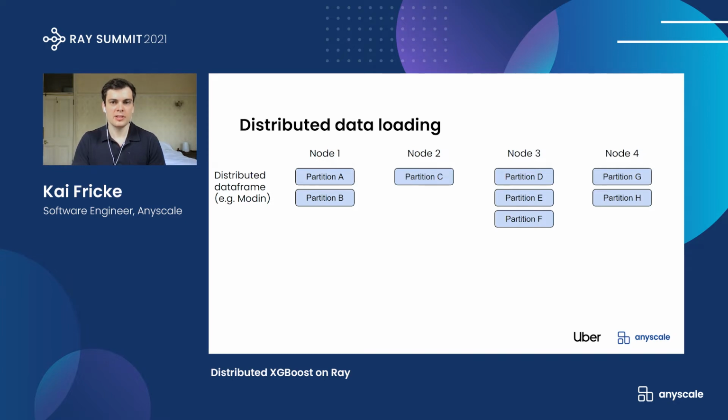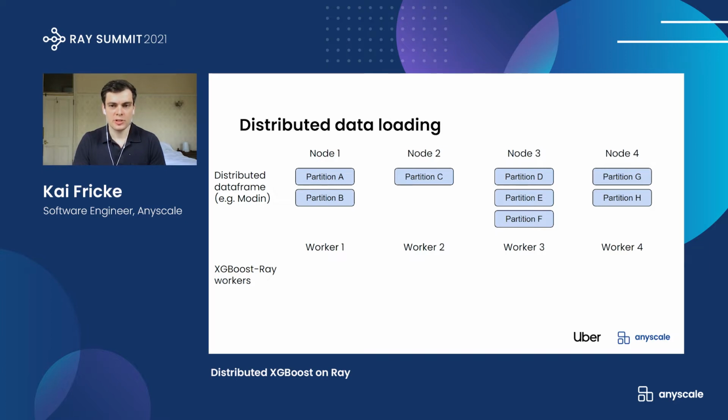For distributed data loading, we can load from various sources, such as HDFS or cloud storage like S3 or Google Storage. But XGBoost-Ray can also leverage existing distributed data frame representations, such as Modin data frames. Say, you have 4 nodes and 8 data frame partitions. In this example, they are unevenly distributed.